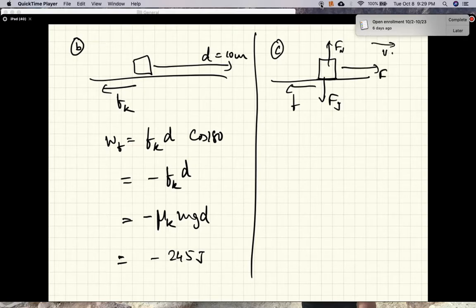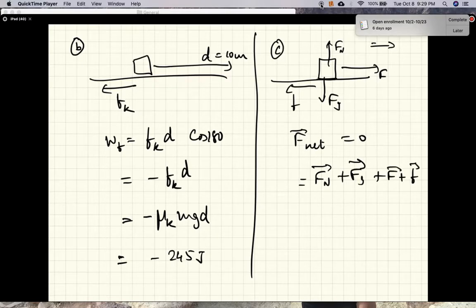Since the object is moving at constant velocity, the net force on it is 0. The acceleration is 0. So that means Fn plus Fg plus Fk plus F equal to 0. We already knew that the normal force cancels the force of gravity, and the horizontal force balances the friction force. Okay, that finishes this problem.